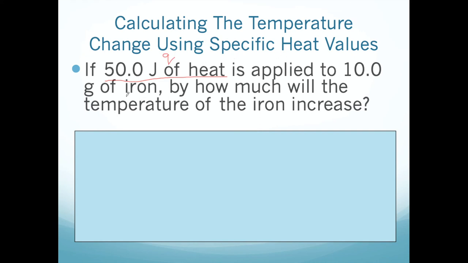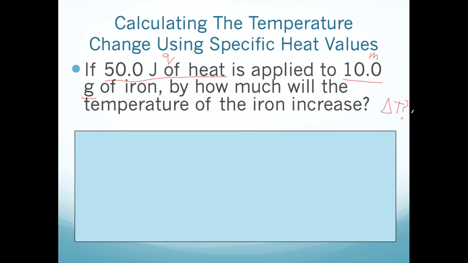We've got 10 grams of iron. Okay, that's a mass, m. By how much will the temperature of the iron increase? So in other words, what is delta T? What's this rise in temperature that we're getting from heating up this iron?